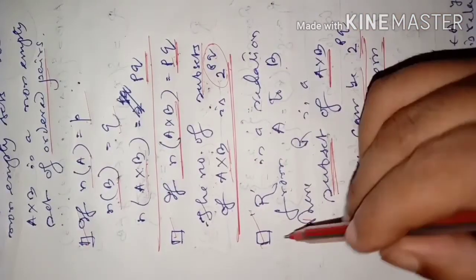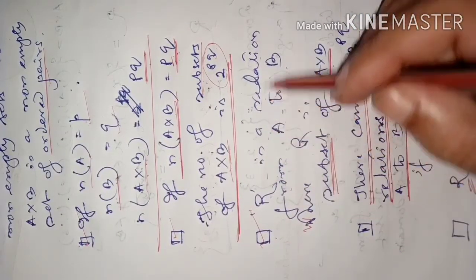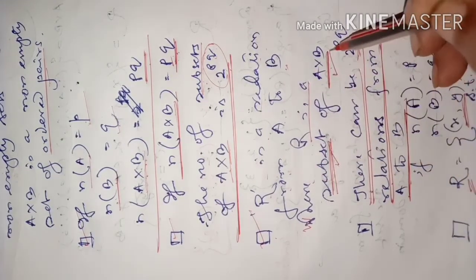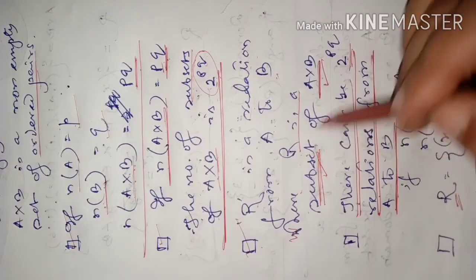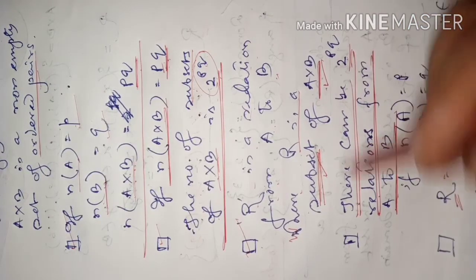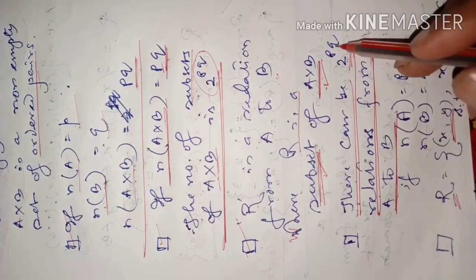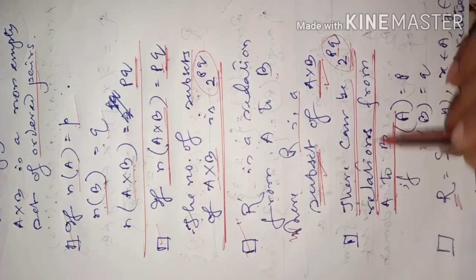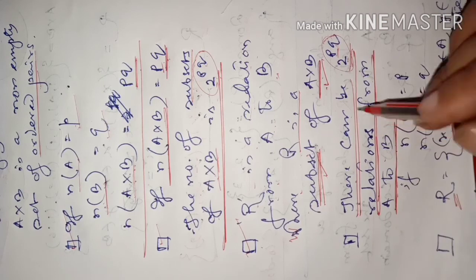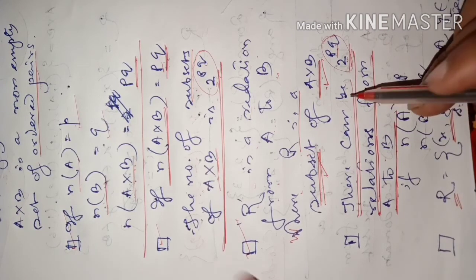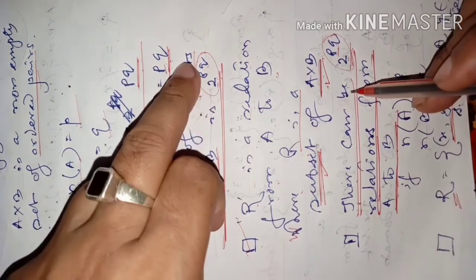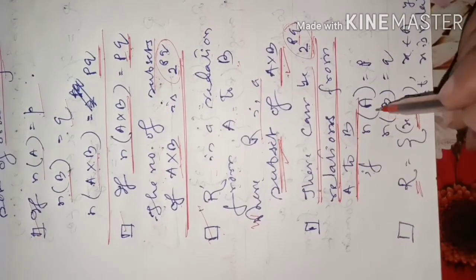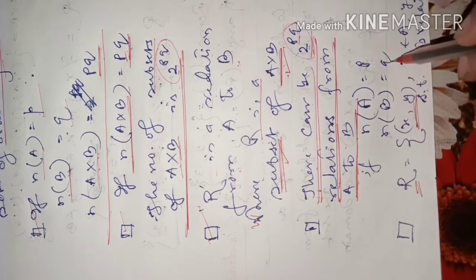Next, R is a relation from A to B, where R is a subset of A cross B. So there can be 2 to the power of PQ relations from A to B, because the number of subsets of A cross B is 2 to the power of PQ, if the number of elements in A is P and in B is Q.